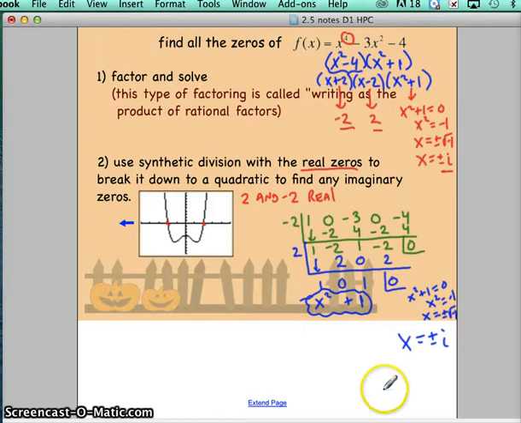So that would be the other way to do it. If you didn't want to bother with factoring, you could always graph it, find the real solutions, and do synthetic division with the real solutions, breaking it down to a quadratic that you can then solve and get your imaginary solutions.